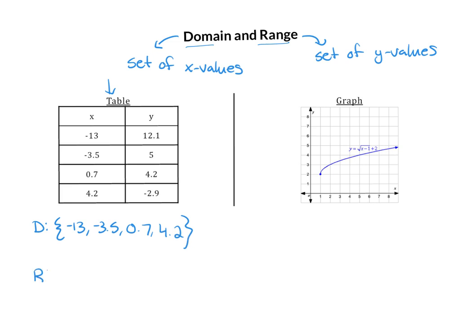And then the range is just showing that you can list all the y values: negative 2.9, and I'm doing them in numerical order, so 4.2, 5, and 12.1.